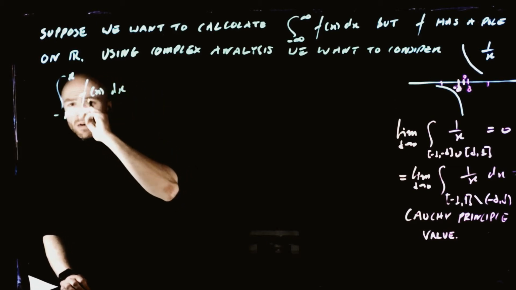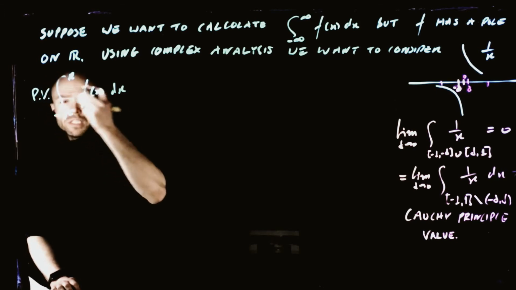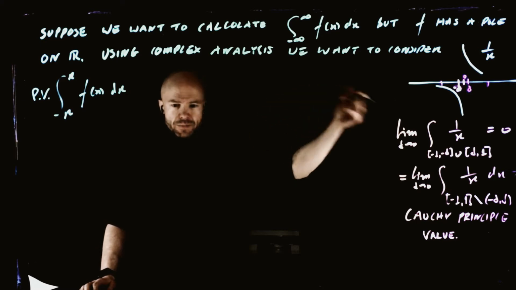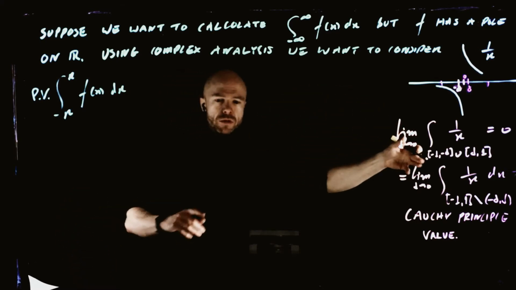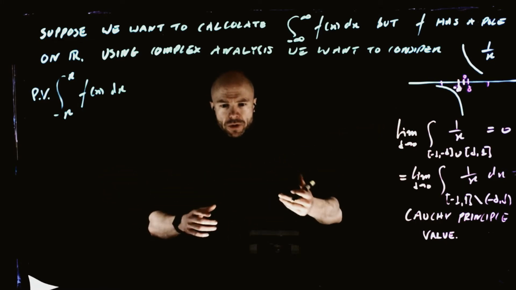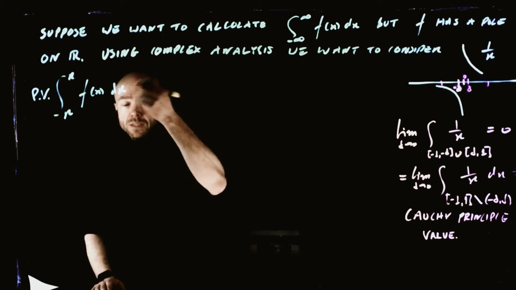Now that I'm being more precise, and I'm talking about principal value, I'm going to write PV, principal value. So I'm not specifying where the singularity is yet, but I'm just saying that this is not the normal notion of an integral. This is where we cut out the singularity and then take the limit. So we want to consider this thing as part of a contour.